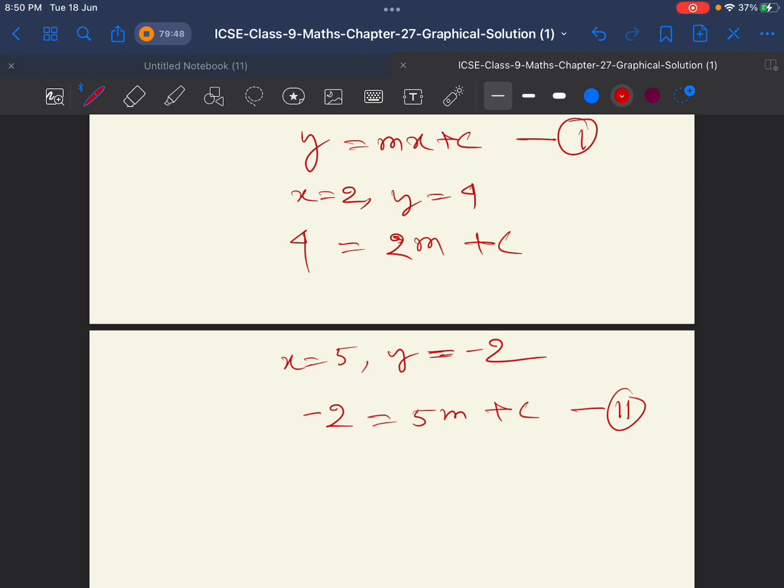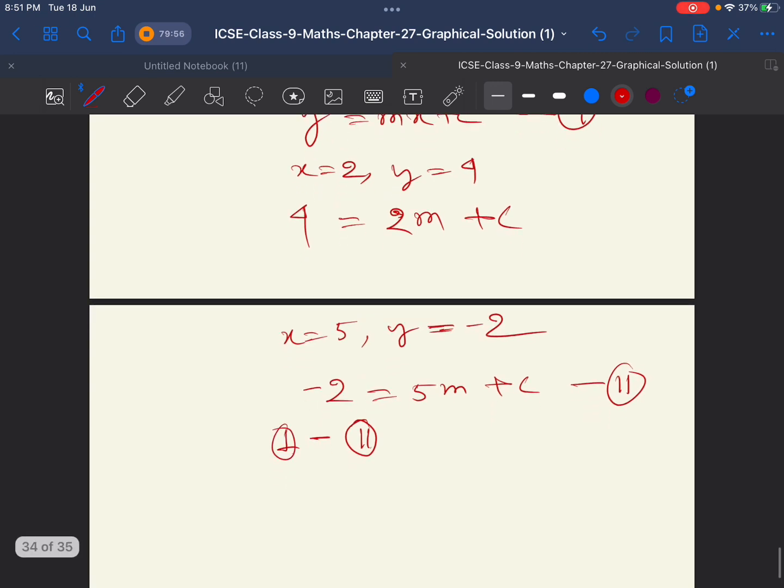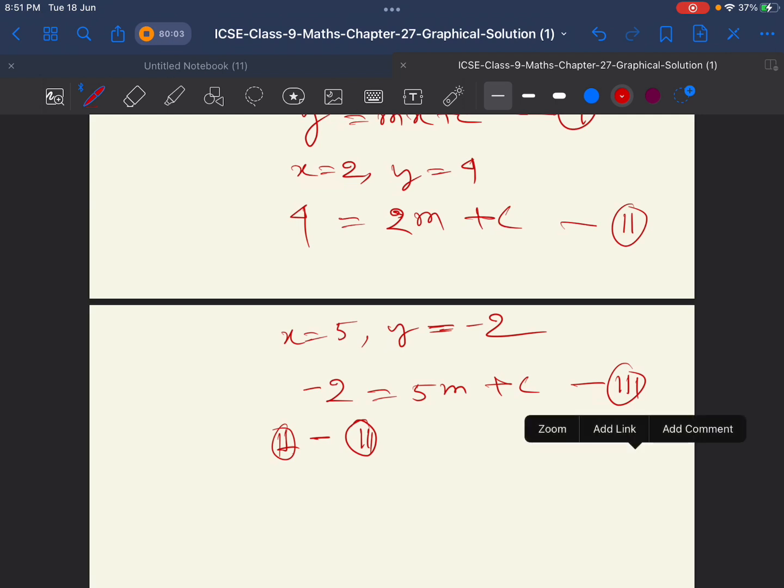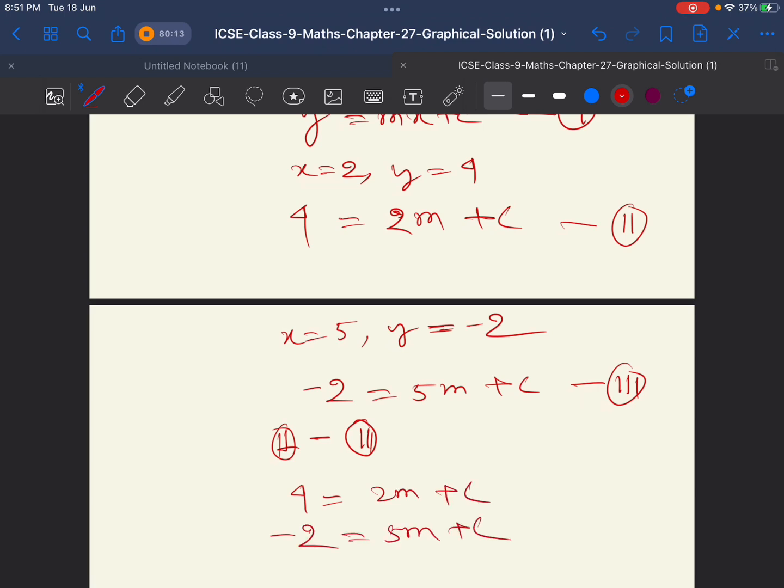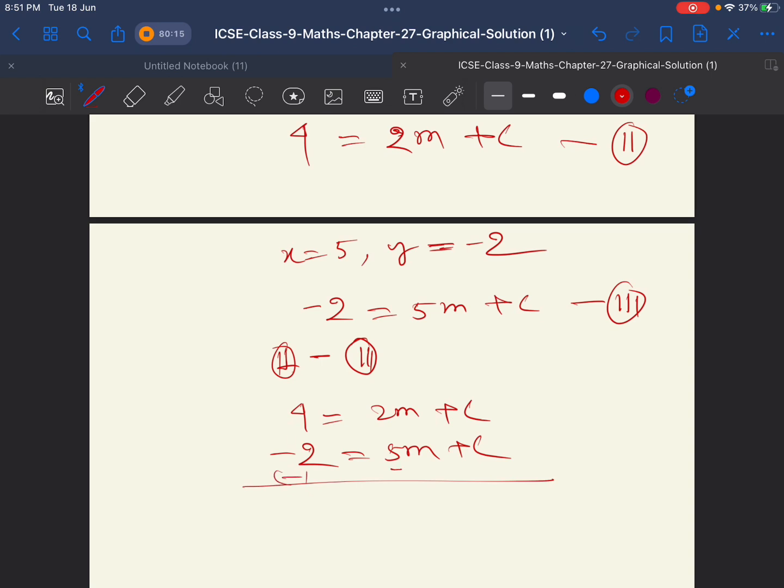Now subtracting equation 3 from equation 2, we get 4 equals 2m plus c, minus 2 equals 5m plus c.